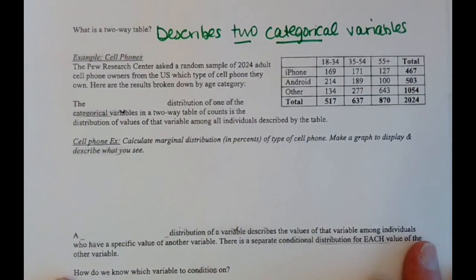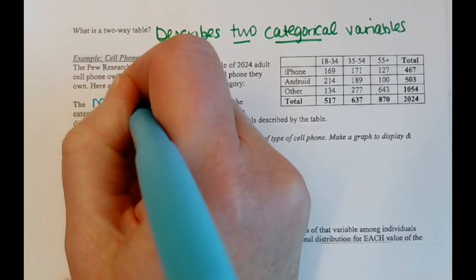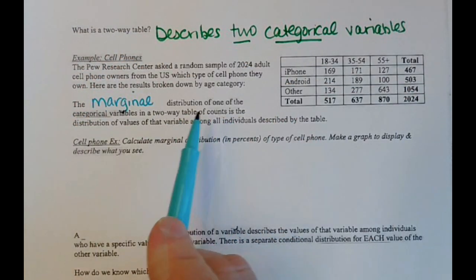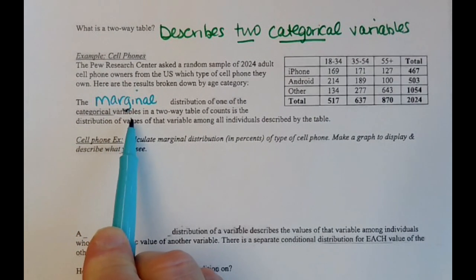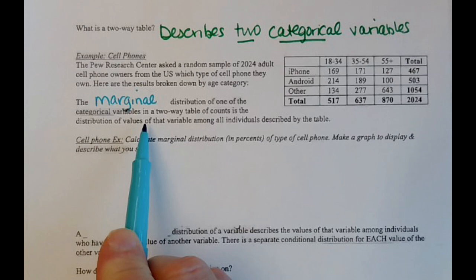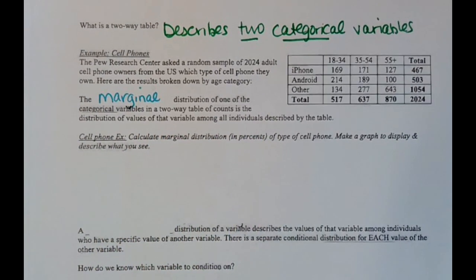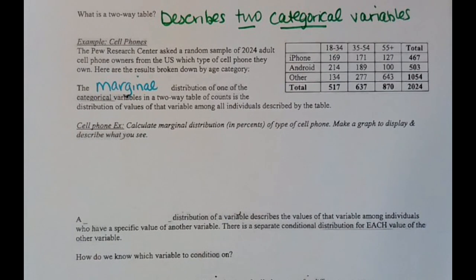So the marginal distribution of one of the categorical variables in a two-way table of counts is the distribution of values of that variable among all the individuals. So the marginal distribution is about talking about each separate thing.